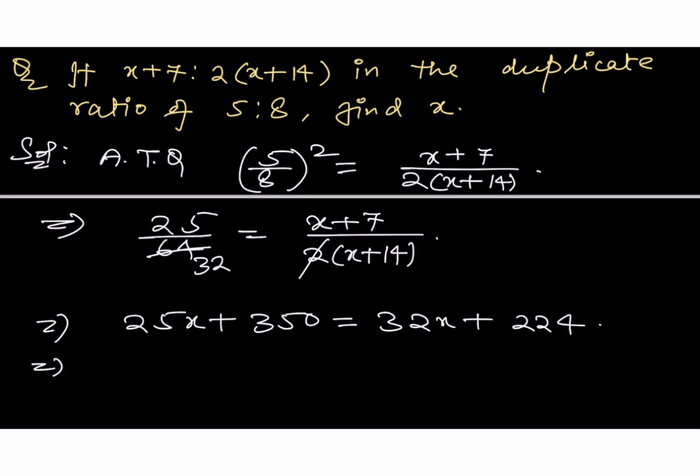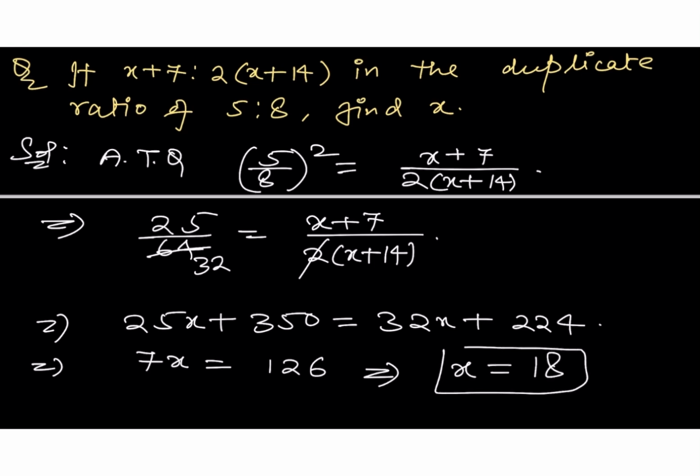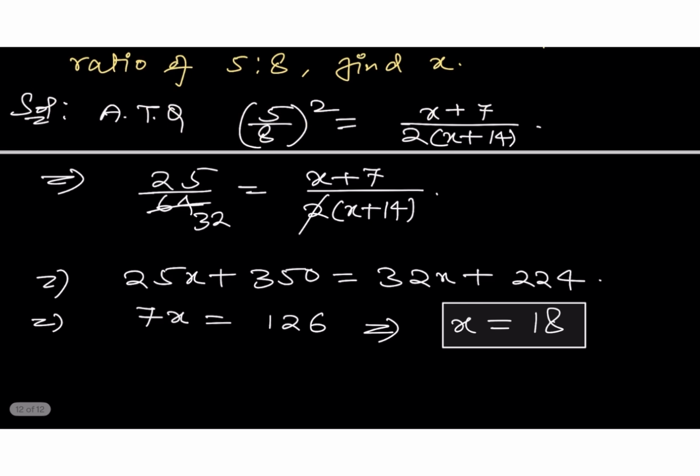So 32x minus 25x is 7x is equal to 350 minus 224 is 126. So on dividing by 7 we have x as 18, right? 18 sevens are 126. Now let's come to next question.